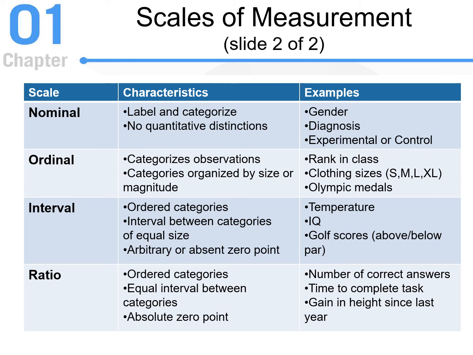You scored 80 on the depression scale. Your friend scored 70 on the depression scale. Therefore, you scored 10 points higher on the scale than your friend, because there's equal distance between points on the scale. If I was breaking it down into ordinal, you would be first in depression and your friend would be second.